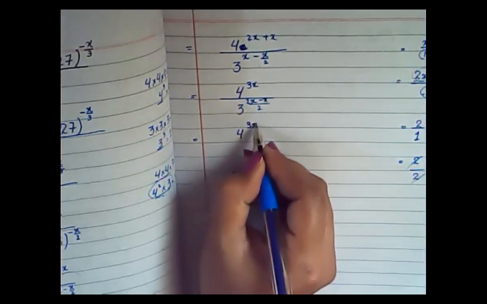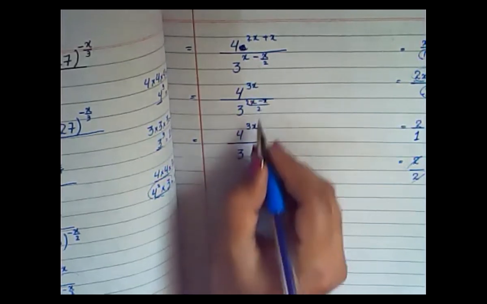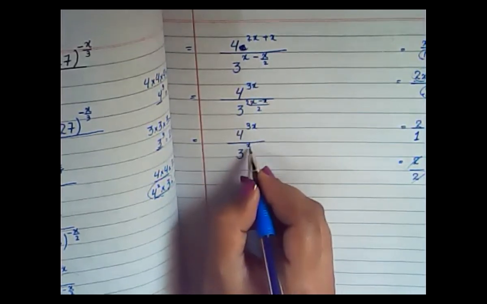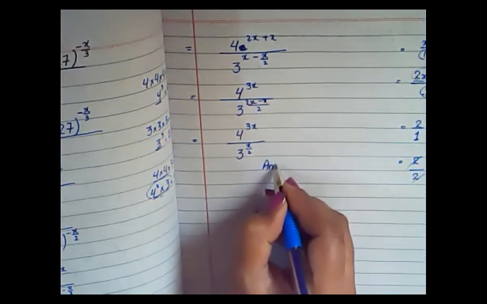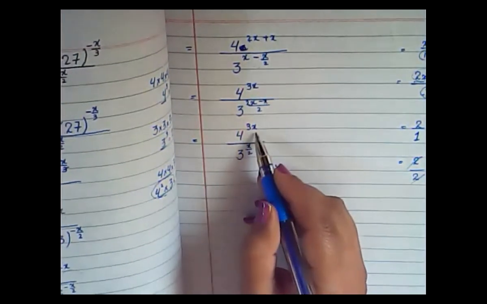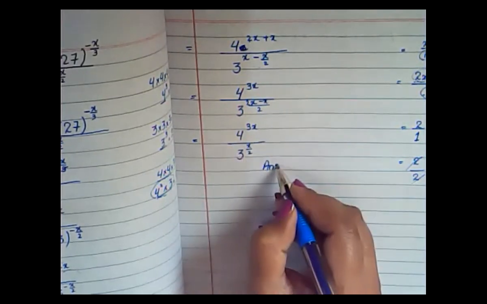The numerator will remain the same, the answer will be 3. 2x minus x will be x upon 2. So x upon 2 will be your answer. So this is your answer: 4 to the power 3x and 3 to the power x upon 2 will be your answer.